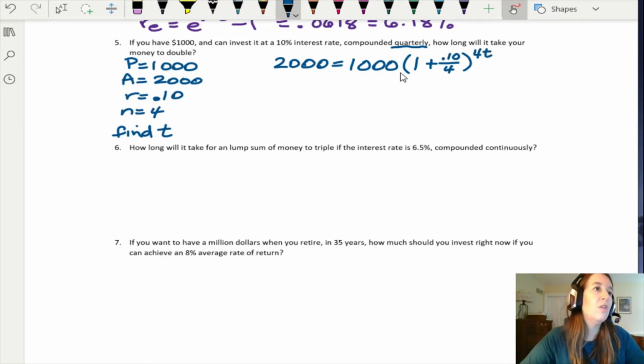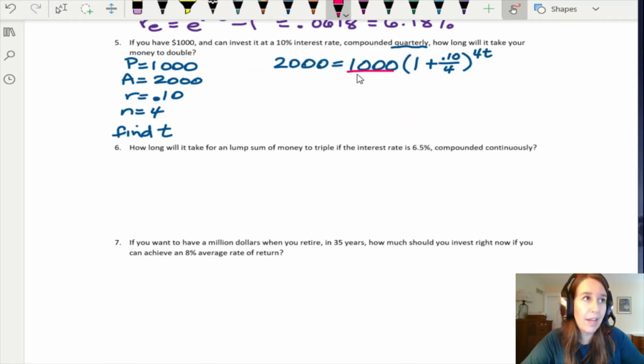Okay? So as you can see in this problem, the thing that we're solving for is up in the exponent. So eventually in this problem, we're going to need to use logs because we're solving for the exponent. So we're going to turn it into log form. All right, so the first thing that we should do is get the base raised to the power by itself.